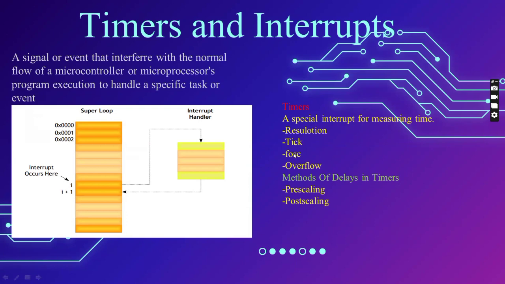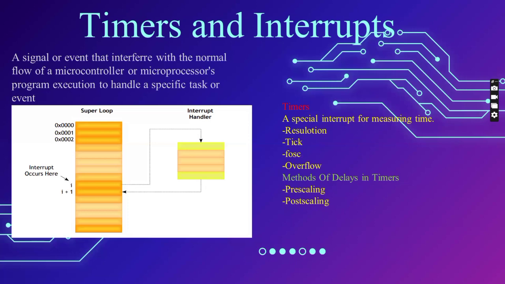So we will get 255 ticks. And a tick denotes a change from 0 to 1 for every control cycle. Then FOSC is the frequency of oscillation.